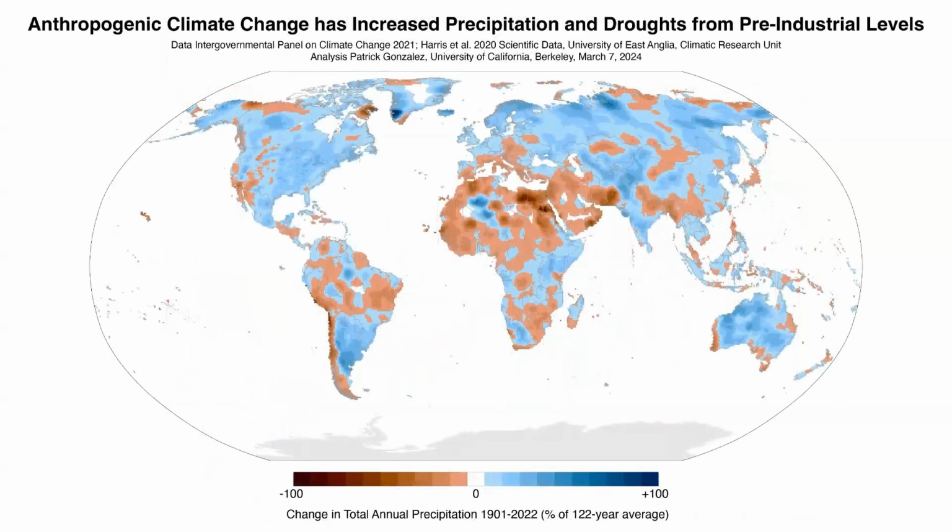This global map is like the previous global map, except it's for total annual precipitation, rainfall, and snowfall. And the darkest blues are a doubling of precipitation, and the darkest browns are actually a near elimination of precipitation.